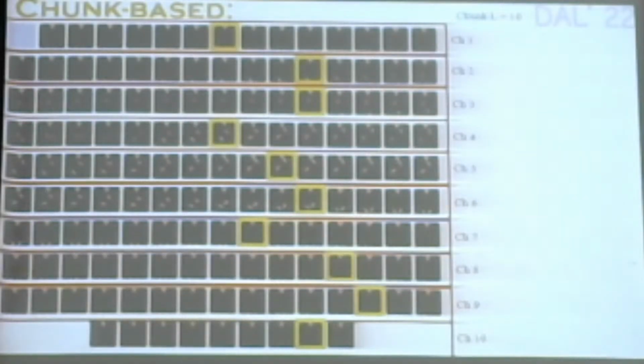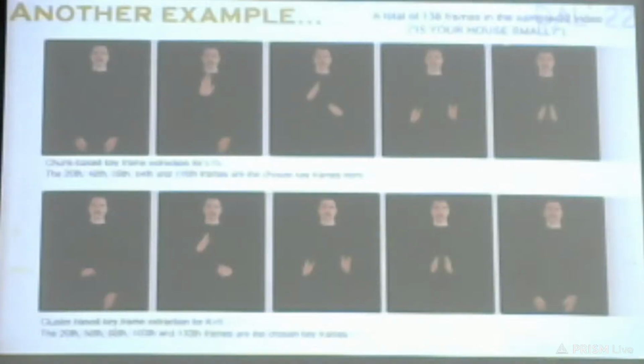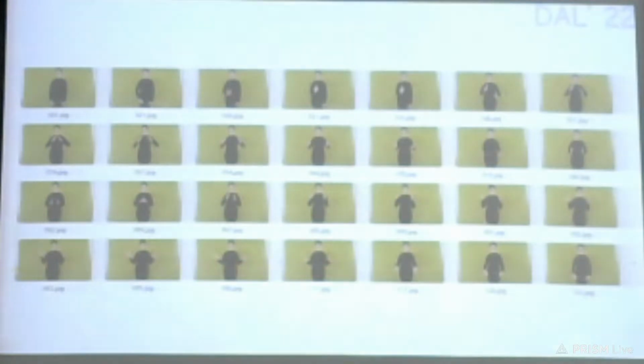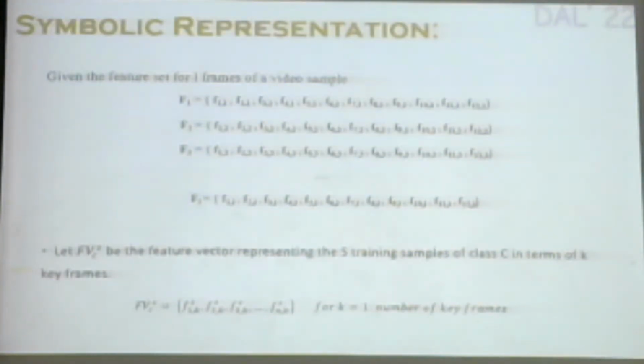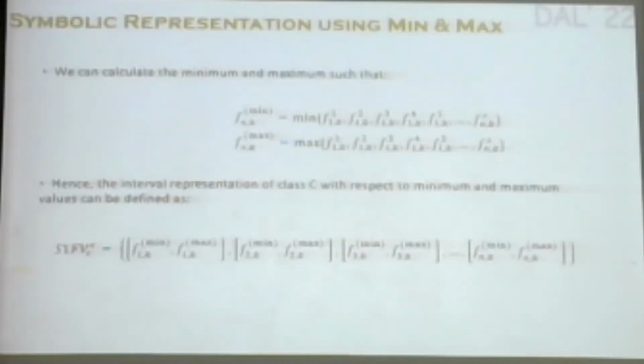In order to normalize the whole thing, we extract a specific number, let's say 10 keyframes, to represent it, using the chunk-based and cluster-based methods. Here is just an example of the output of the two different methods. Then we use the features and apply the symbolic representation method in order to create an interval-based feature representation for each and every class.